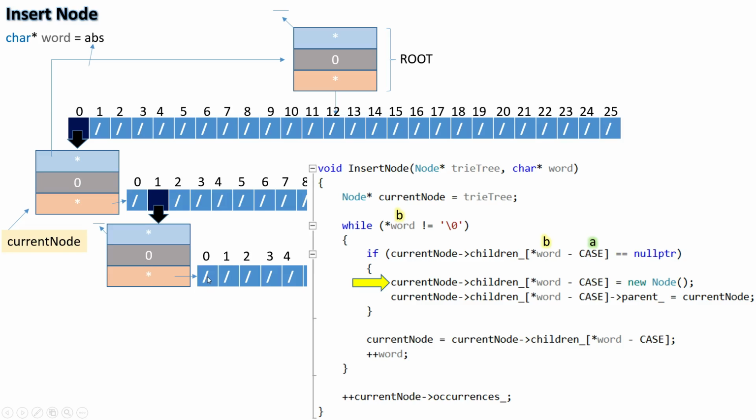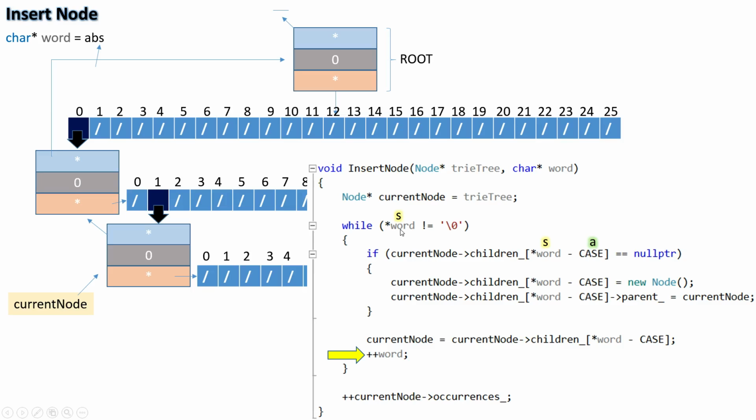The children points to an array of size 26, everything is null. Then we'll make the parent point to what came before it. So the parent points to what's currently the current node, what came before it. Move the current node down to whichever element. So now we're at this node. Increment word to the next character.